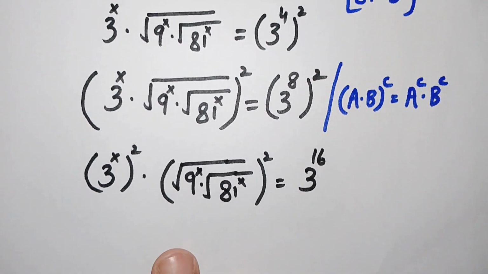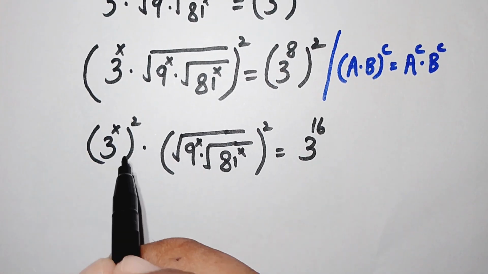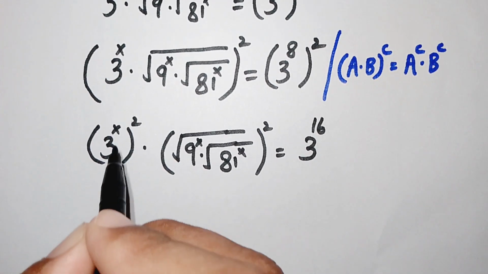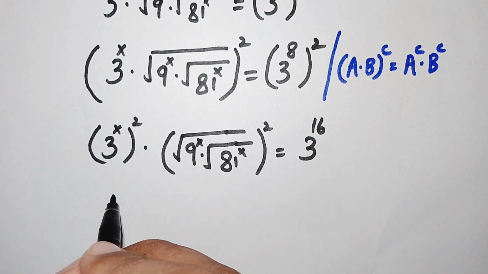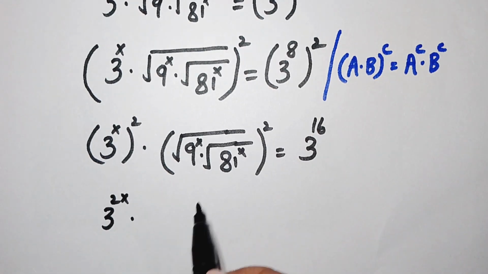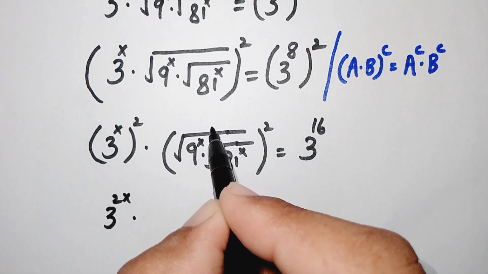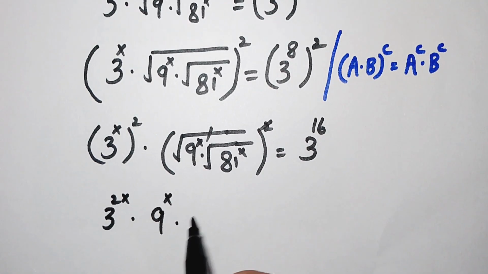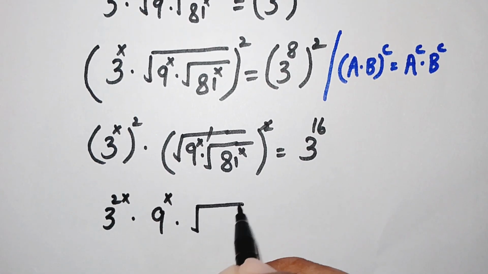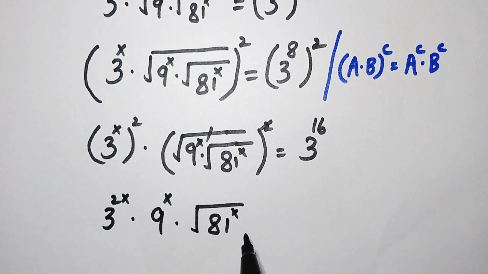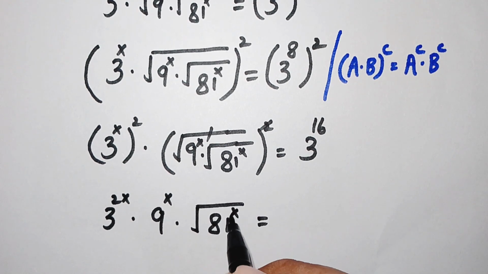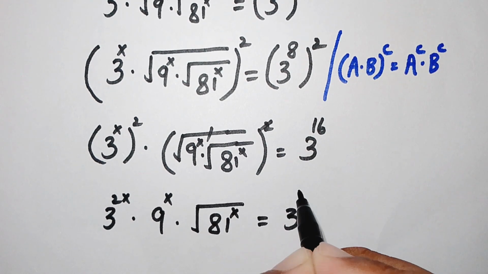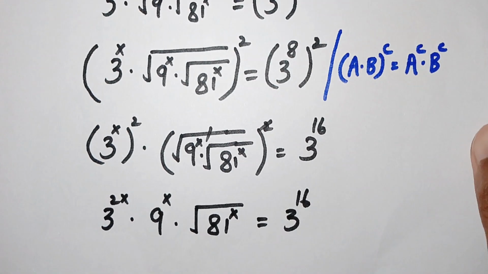Now to solve this interesting math question, here 3 to the power of 2 times x, this is equal to 2x times, here this square root cancels with this 2, so 9 to the power of x is left times, and here 81 to the power of x is left, which is equal to 3 to the power of 16.